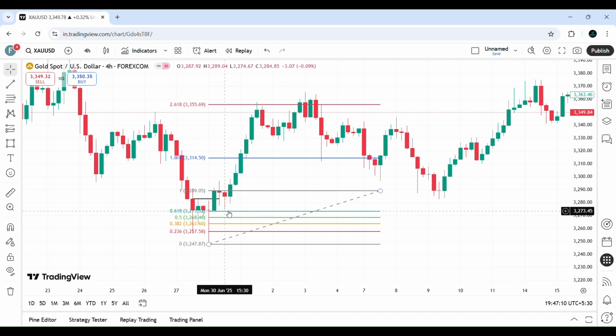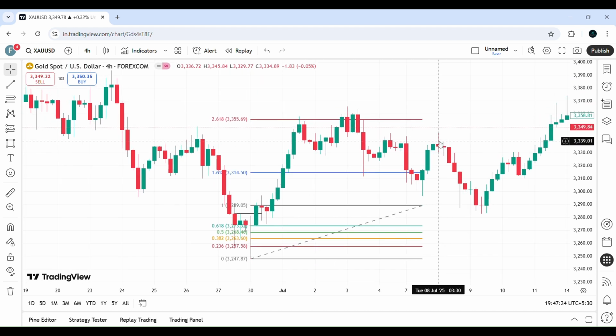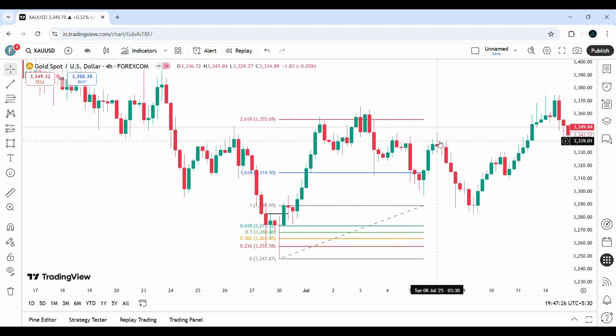You just missed the entry by a millipip. But look at the counter trade up here. Look how perfect these Fibonacci points were. These are the secret ways that you could actually use the Fibonacci.